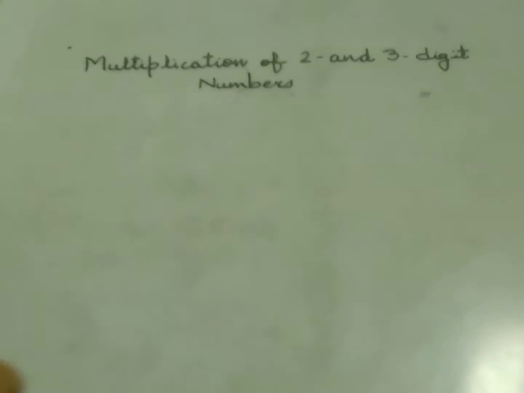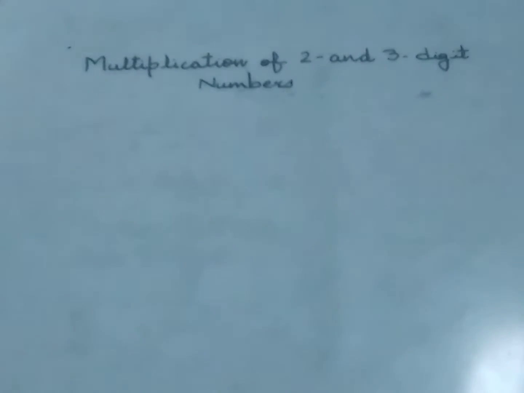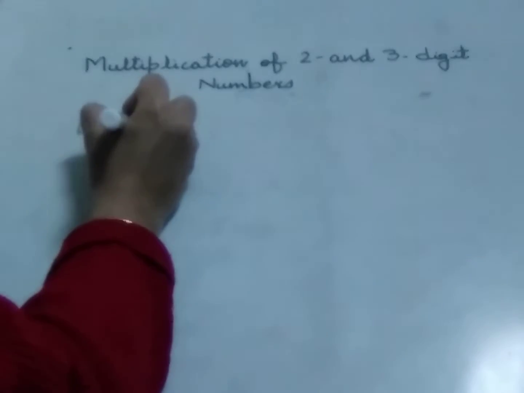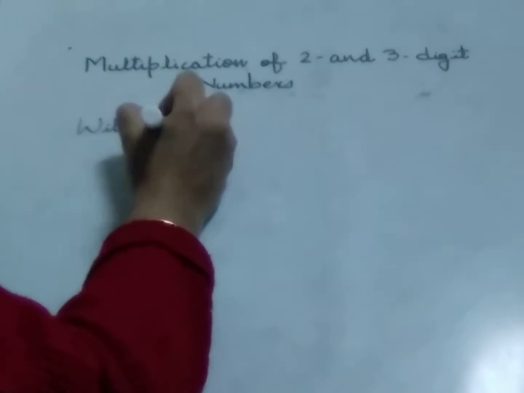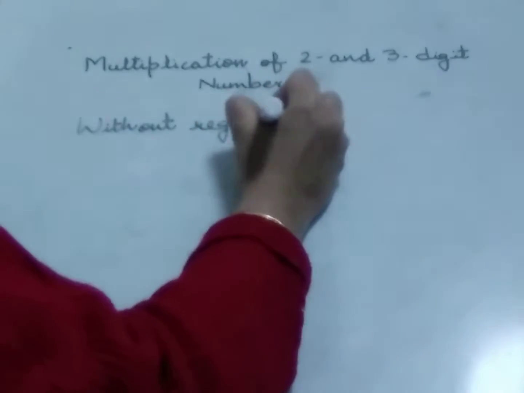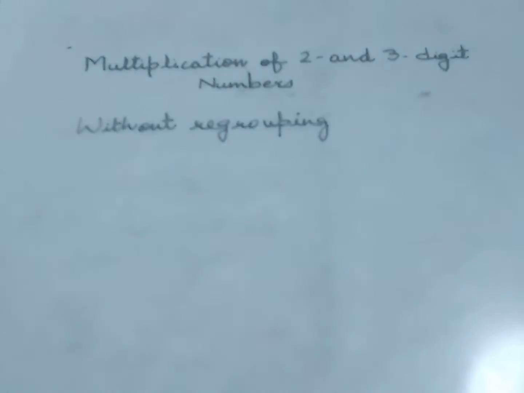Today we will discuss multiplication of 2 and 3 digit numbers. First of all, without regrouping. Without regrouping, how do we do the multiplication?